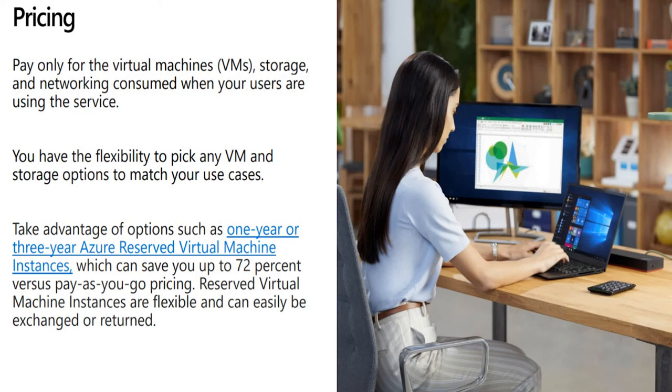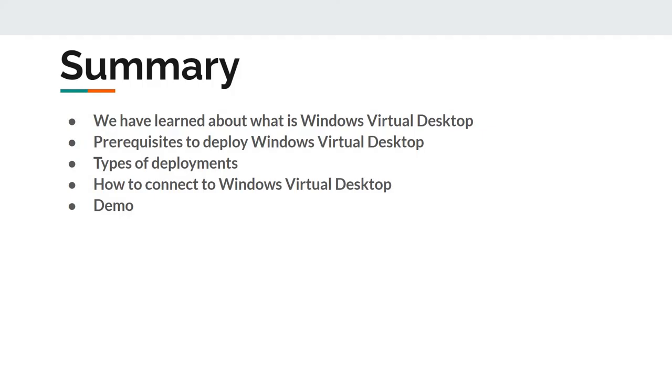You can choose the machine as pay as you go or 1 year or 3 year reserved virtual machines. So this is how the cost will be incurred. If you have any doubts, please refer to the pricing calculator, where the detailed pricing will be given more precisely. And that's it. This is the complete overview and features of Windows Virtual Desktop.